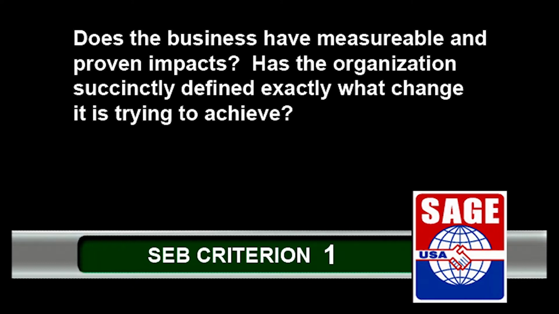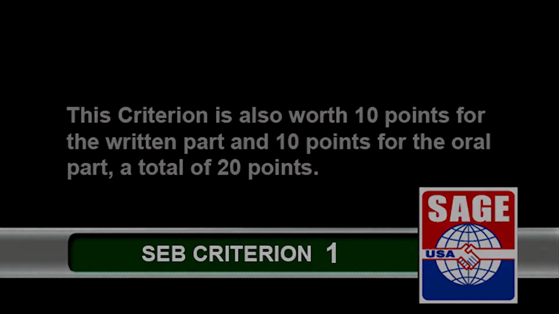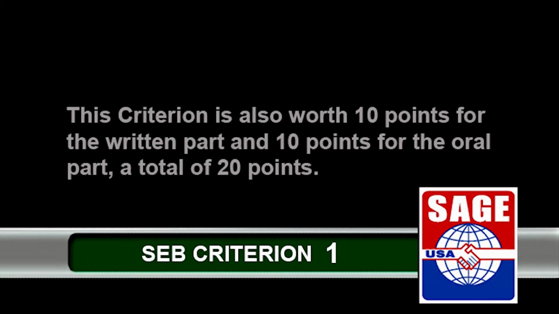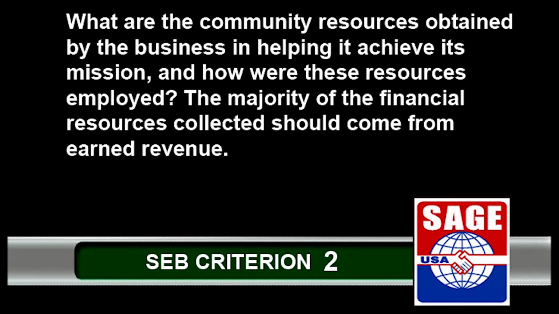Has the organization succinctly defined exactly what change it is trying to achieve? This criterion is worth 10 points for the written part and 10 points for the oral part, a total of 20 points. Criterion 2 asks, what are the community resources obtained by the business in helping it achieve its mission?